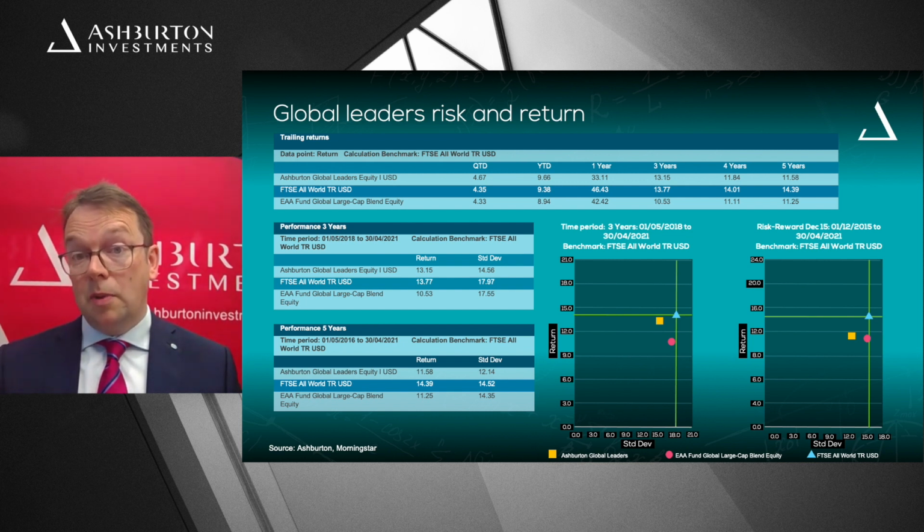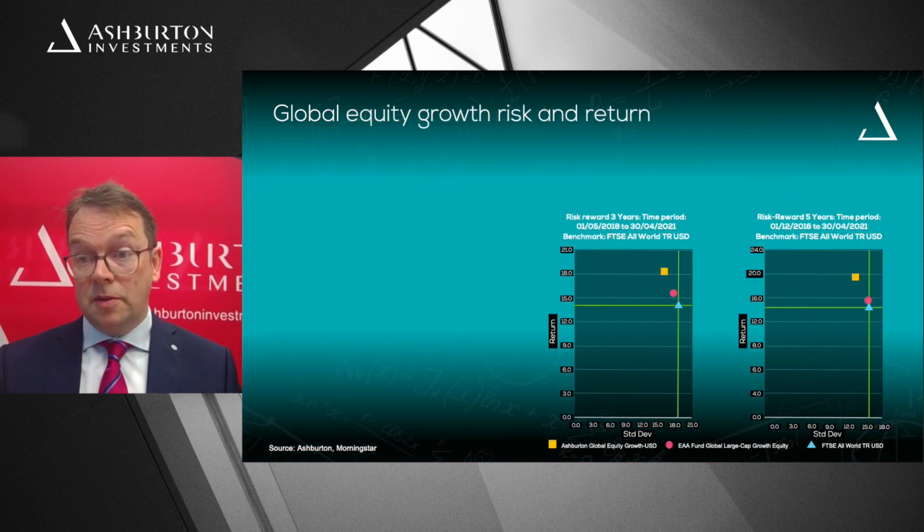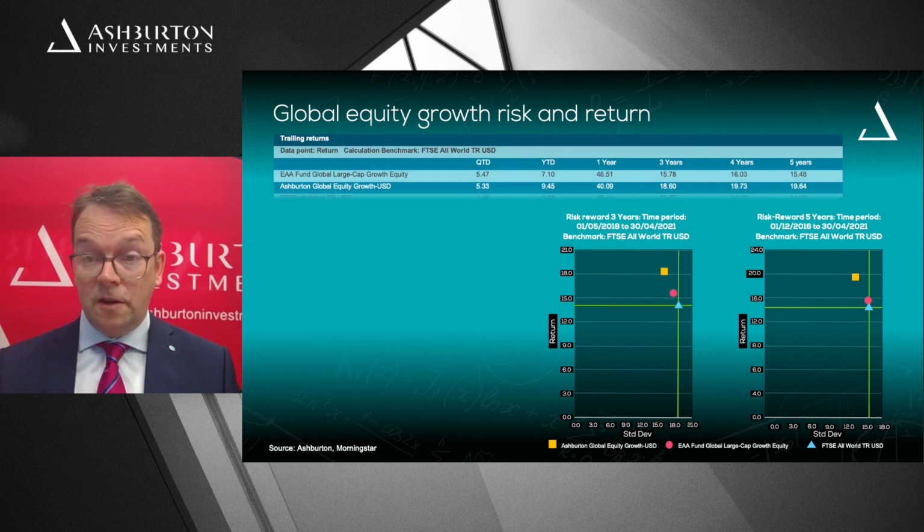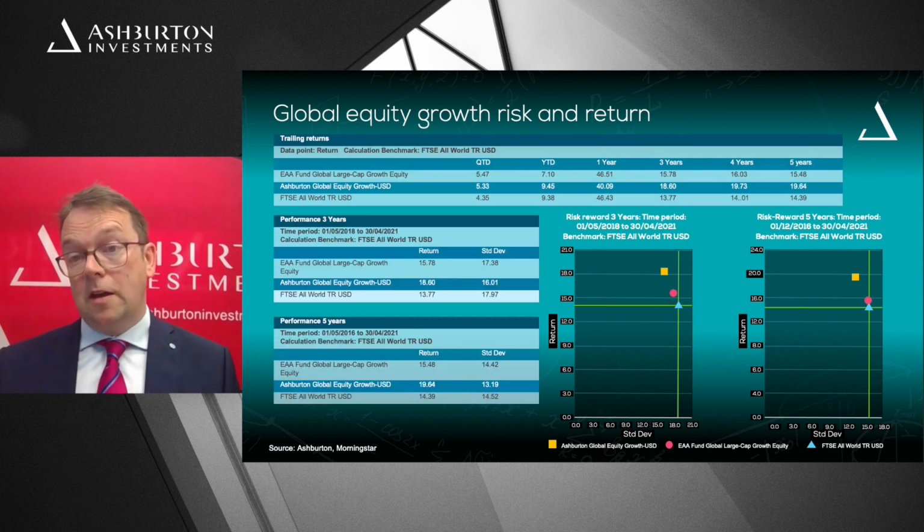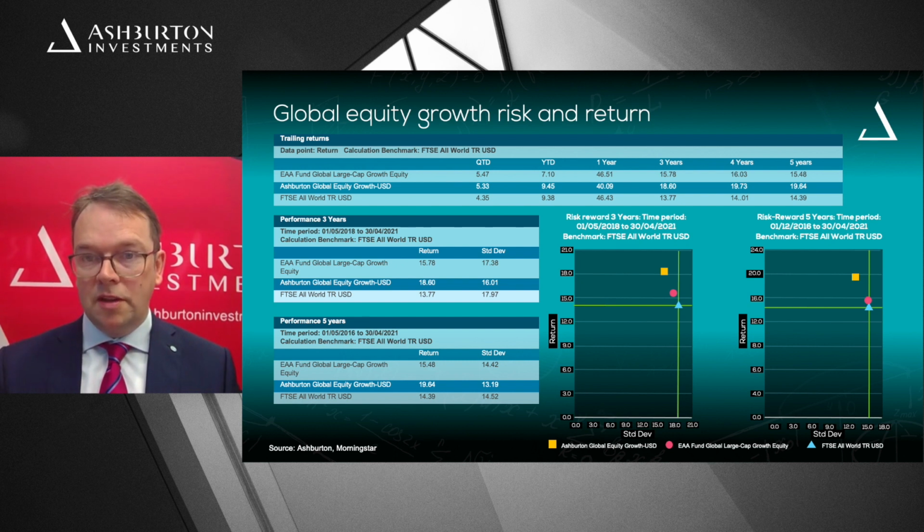We also have a global equity growth strategy, which the firm is intending to launch as a fund. And you can see here that we've delivered returns that are superior to the market and the global large cap growth peer group, a slightly different Morningstar peer group here. And that's really pleasing to manage to pick a lot of the winners and thankfully avoid the losers there. So two really quite different styles that can be used in a whole variety of different ways.